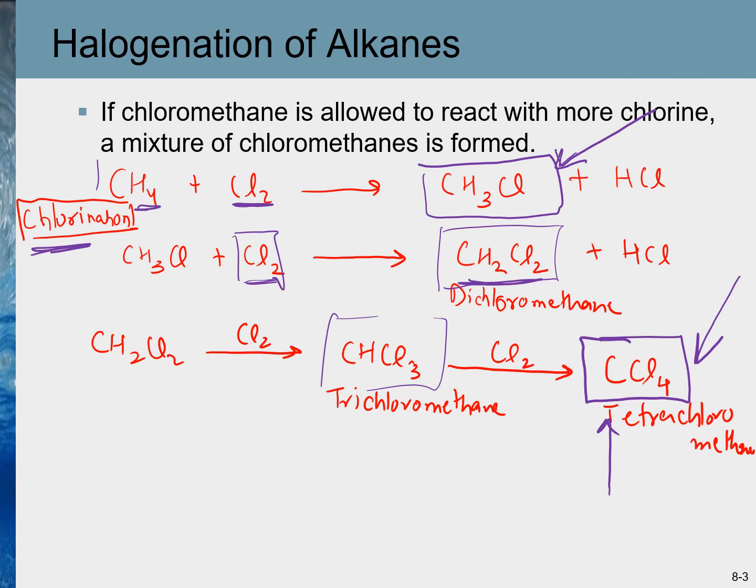In that case, we will get a mixture of all three possible products. So either this reaction is good for the mono substitution or full substitution. The middle two steps are not very convenient, so it's not possible to stop at the dichloro step or trichloro step.